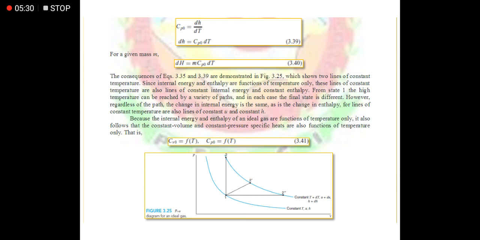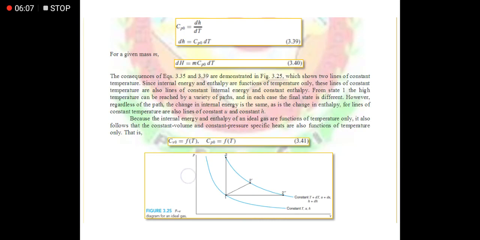So if you use the definition na Cp sub o is equals to dh over dT, then substitute natin yung enthalpy natin, and yung specific heat natin is gawin nating heat multiplied by mass, which is this equation 3.40. Then for that case, makukuha natin that our Cv sub o or Cp sub o is also a function of temperature.